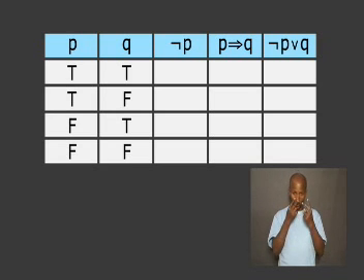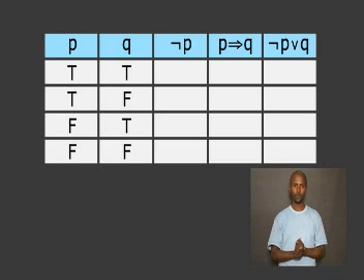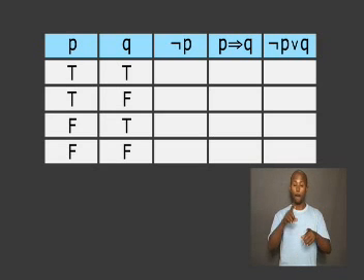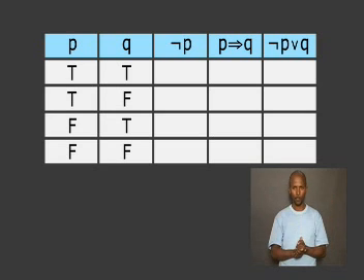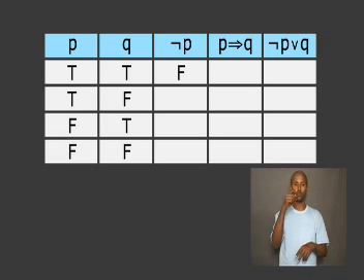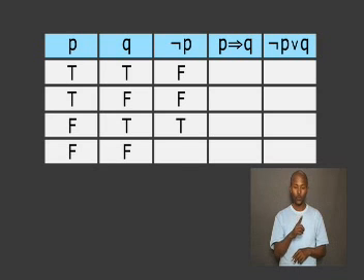You see, in this way, we account for each possible truth value as well as each combination of the two. Not P, by definition, must have the opposite truth value as P. Therefore, in its column we enter false, false, true, true.